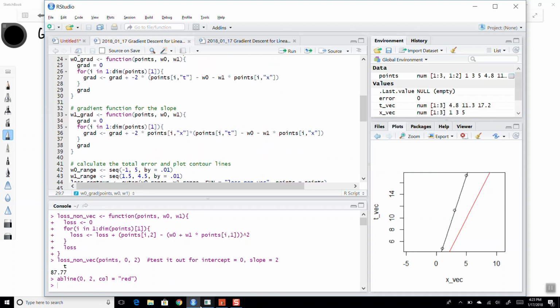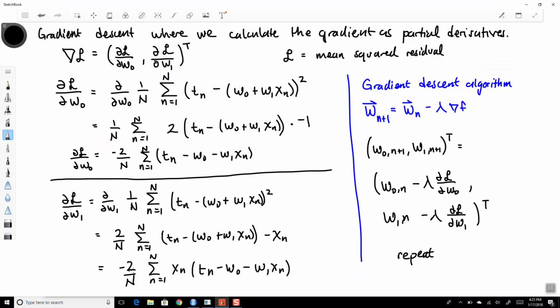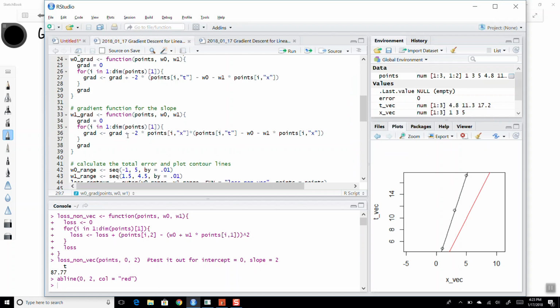Same thing for w1. For w1, it's -2 times the sum of x sub n, t sub n minus w0 minus w1 xn. So I have that -2 times the point for x times t sub n minus w0 minus w1 times x sub n.